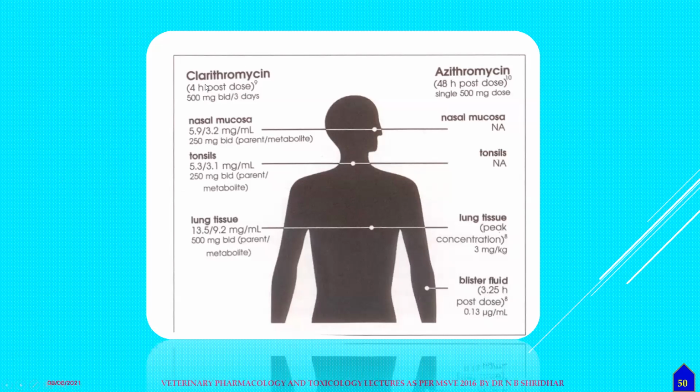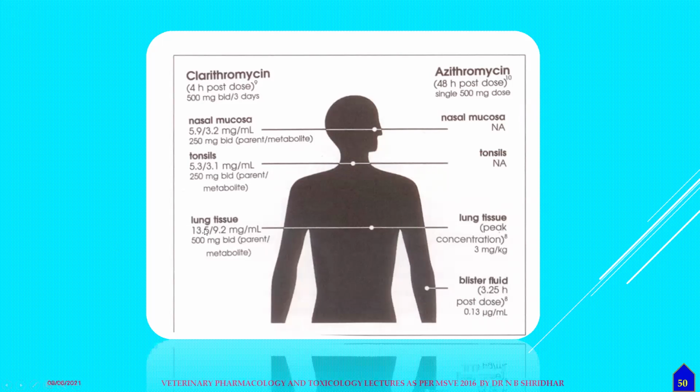Later, we can also go for clarithromycin and azithromycin. And these are highly effective against upper respiratory tract infections because the highest concentration of the drug will come in the tonsils and also the lung tissues.